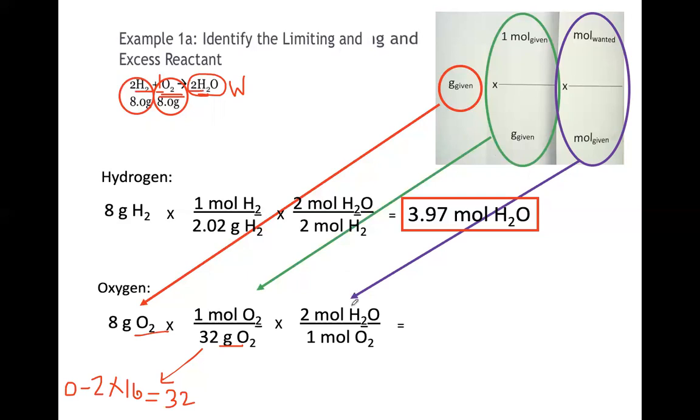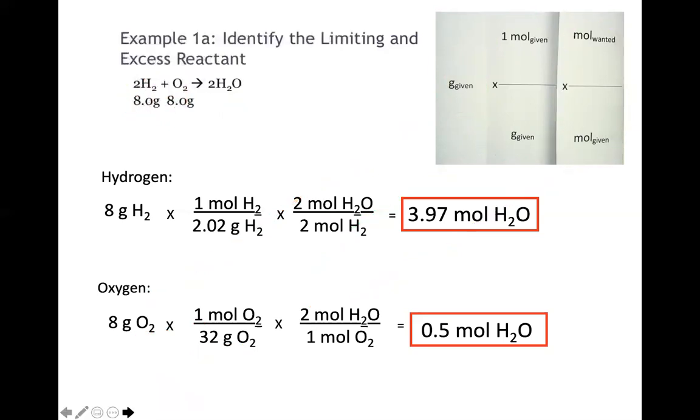There's a 2 in front of H2O, so that's where this 2 came from. Then you multiply, you're going to do 8 times 1 times 2, and then go back and divide by 32 and by 1. So you end up with 0.5 moles of H2O.